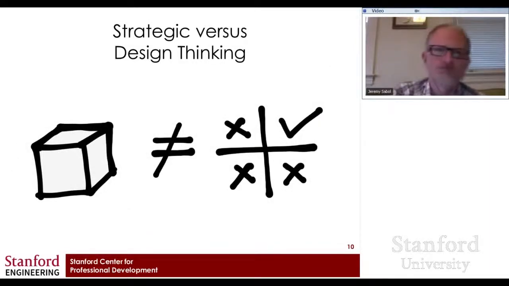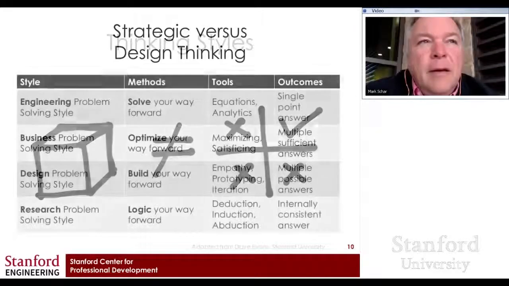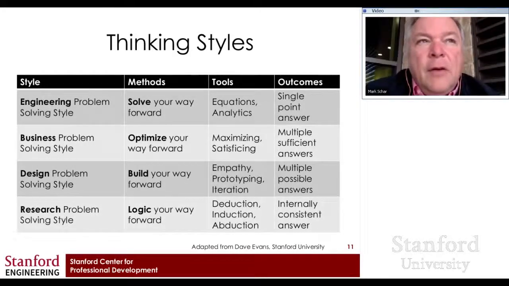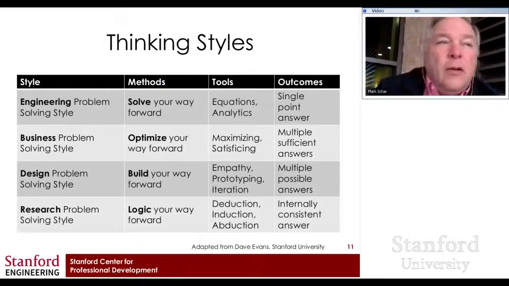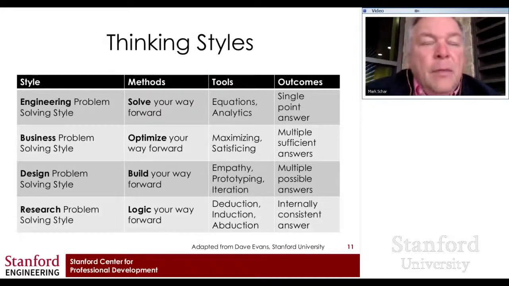Okay. Well, this next slide begins to illustrate some of the different thinking styles that we practice in. One of the areas where I teach, we teach students how to think like engineers, how to solve engineering problems. And engineers view the world as a process of solving, and they solve their way forward into answers.